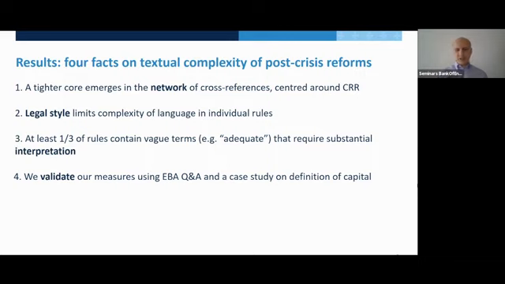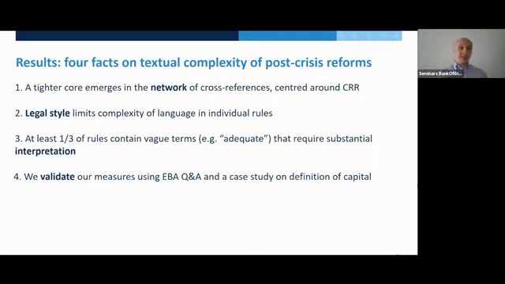Let me just briefly start with highlighting the results that we found in this study. There are 4 facts on textual complexity of post-crisis reforms. The first one is that there's a tighter core which emerges in the network of cross-references, and this core is centered around CRR. CRR stands for Capital Requirement Regulations.